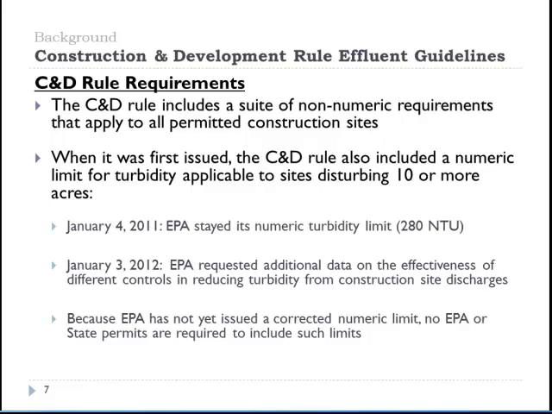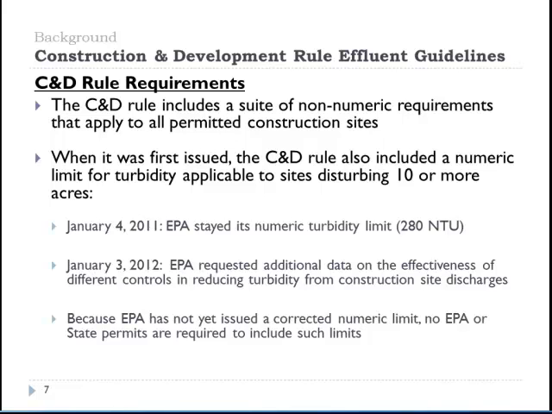On January 4th of 2011, EPA, after finding that there were underlying errors in the interpretation of data, stayed the limit. In other words, it indefinitely pulled the limit out of the rule, so it was no longer required to be incorporated into EPA's or state permits.